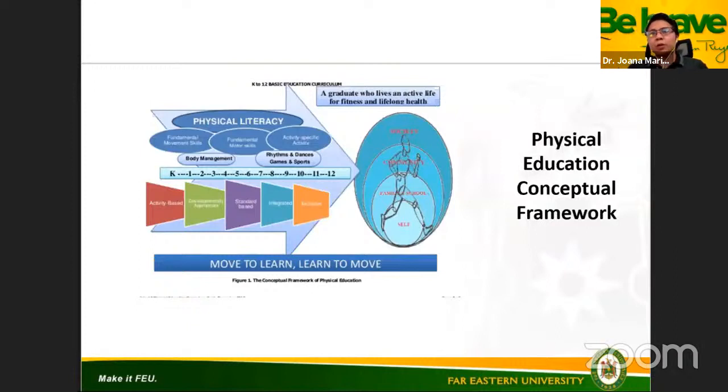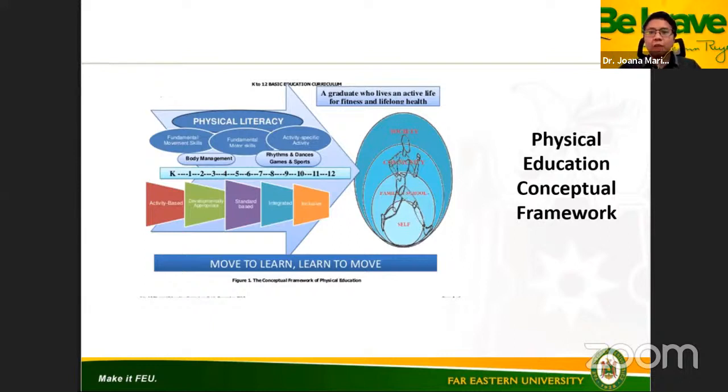And this is the framework of PE curriculum actually. So, the knowledge, understanding, and skills underpin the competence, confidence, and commitment required of all students to live an active life for fitness, health, particularly the following standards. Kung nakikita ninyo dyan, no?